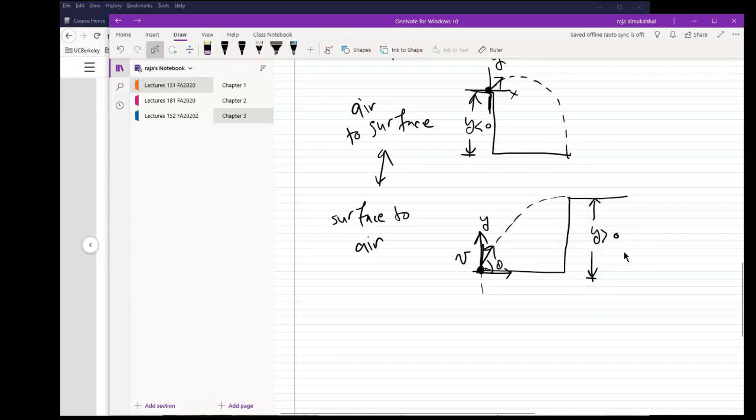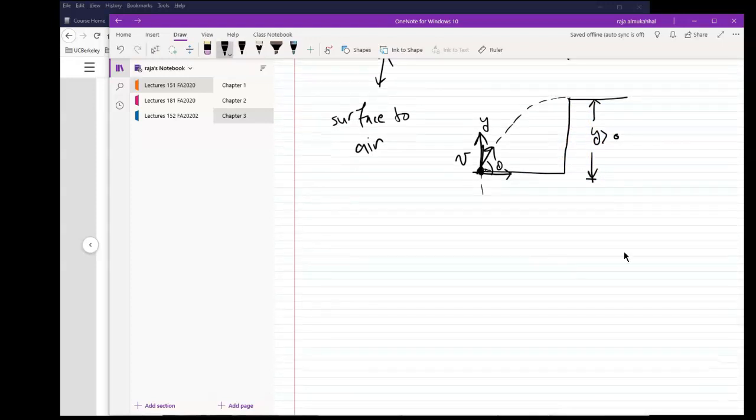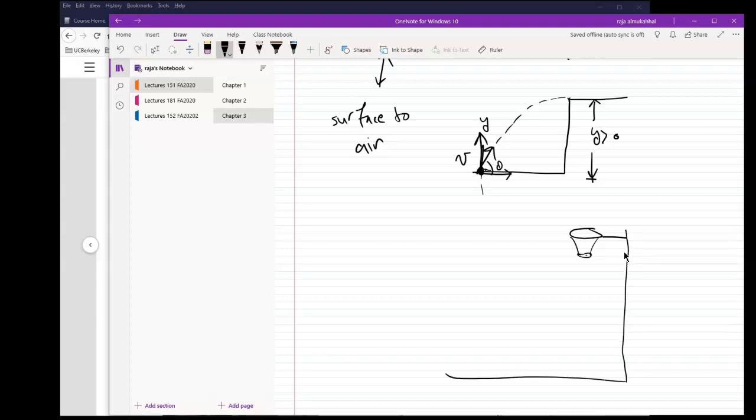Got it? Okay. And the last kind, imagine a basketball player, okay? Here is the basket right here. The basket is at some height way down there. And we have a basketball player. Here he is. Here's his arms.